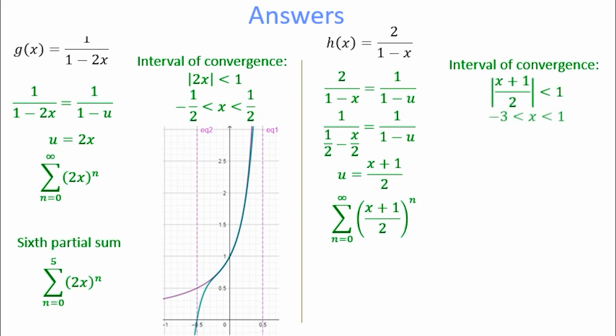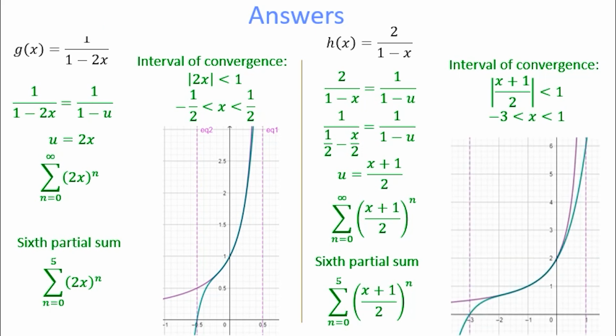Again, we use this compound inequality, and we get -3 to +1. And here is the sixth partial sum. Again, n goes from 0 to 5. And here we go. Green is again h(x), and red is again the sixth partial sum. I hope you've got both of them correct.